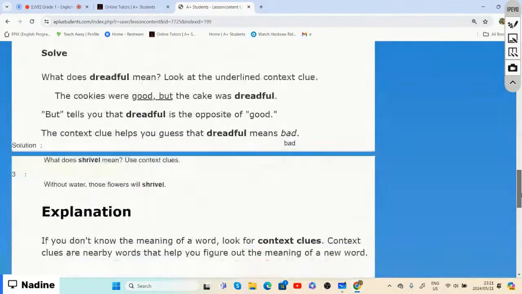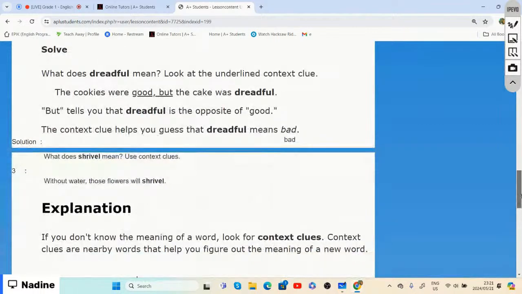Then it says, what does shrivel mean? It says, without water, those flowers will shrivel.